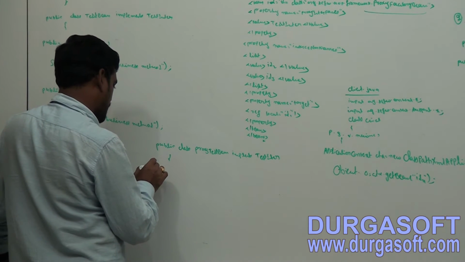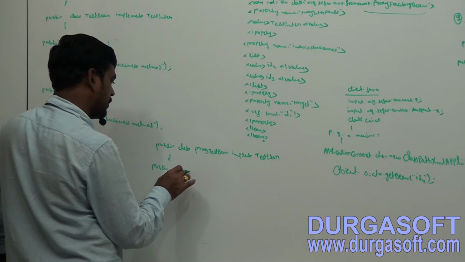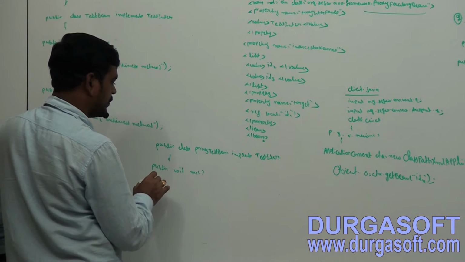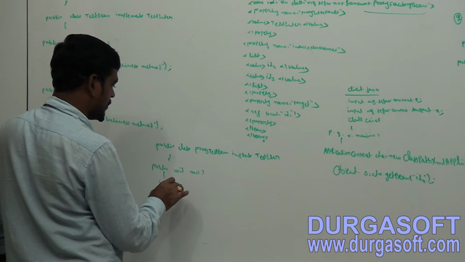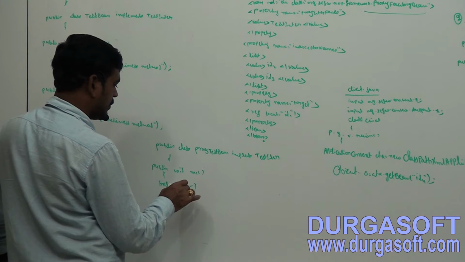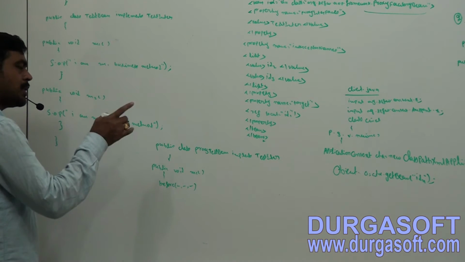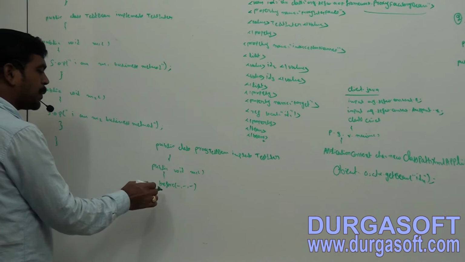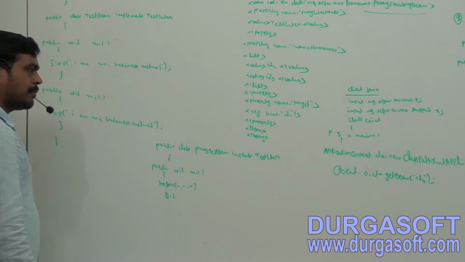The next, public void m1, before method. It is going to be written like this. Who is going to write this class? ProxyFactoryBean. This is one of the proxy classes. Proxy class means a duplicate copy.